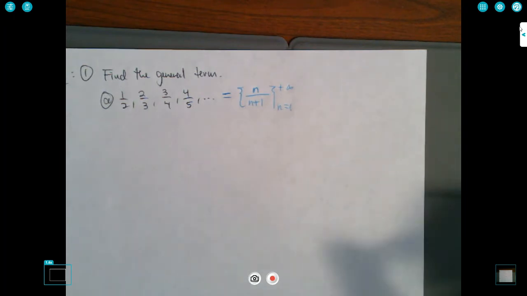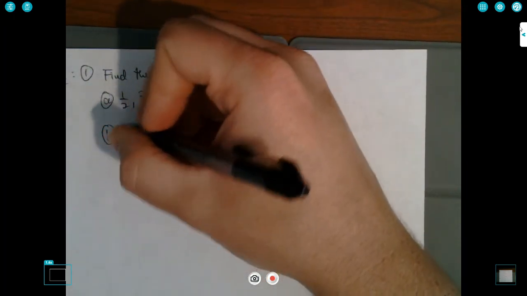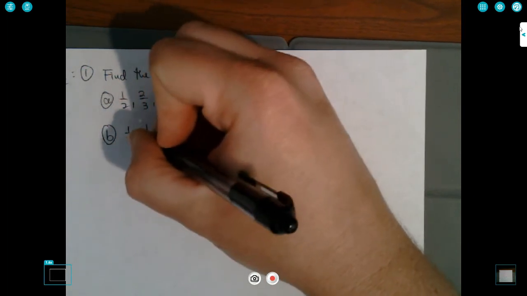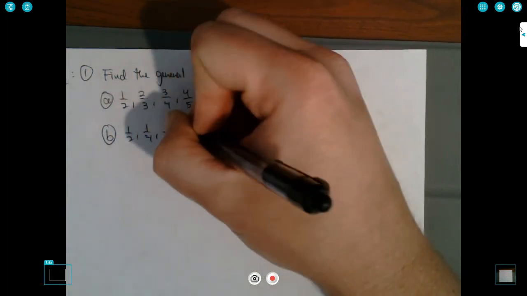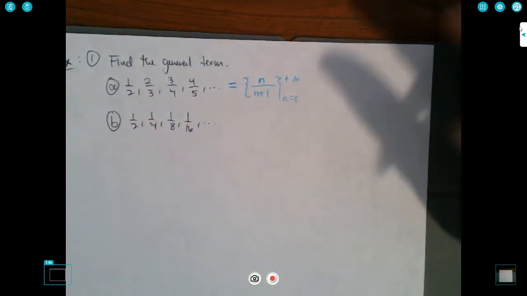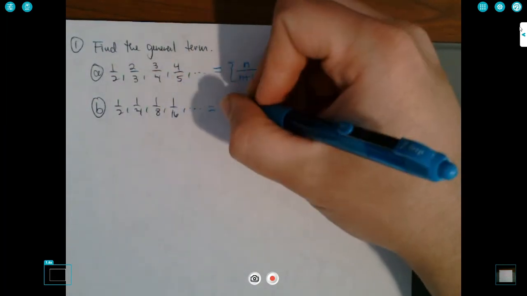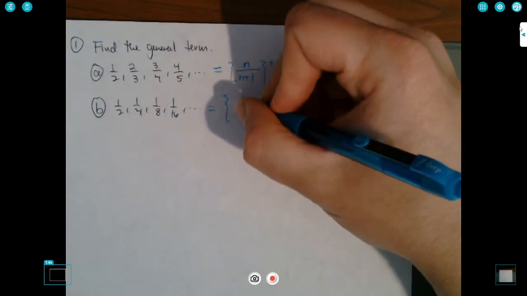Okay, here's another one. Let's do 1/2, 1/4, 1/8, 1/16, and so forth. Again, give the video a pause, see if you can figure that one out. Okay, here's my solution. In each case, the numerator is 1.